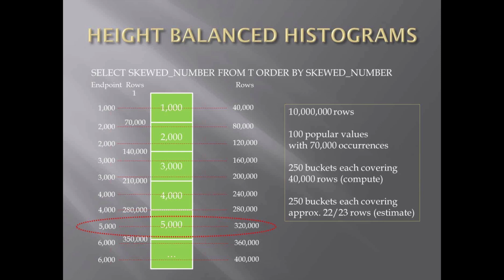And since we have 3 million unpopular values, in addition to these 100 popular values, this very popular value gets treated very unluckily because it basically gets the same estimate as these unpopular values. So that can cause you a lot of headaches.